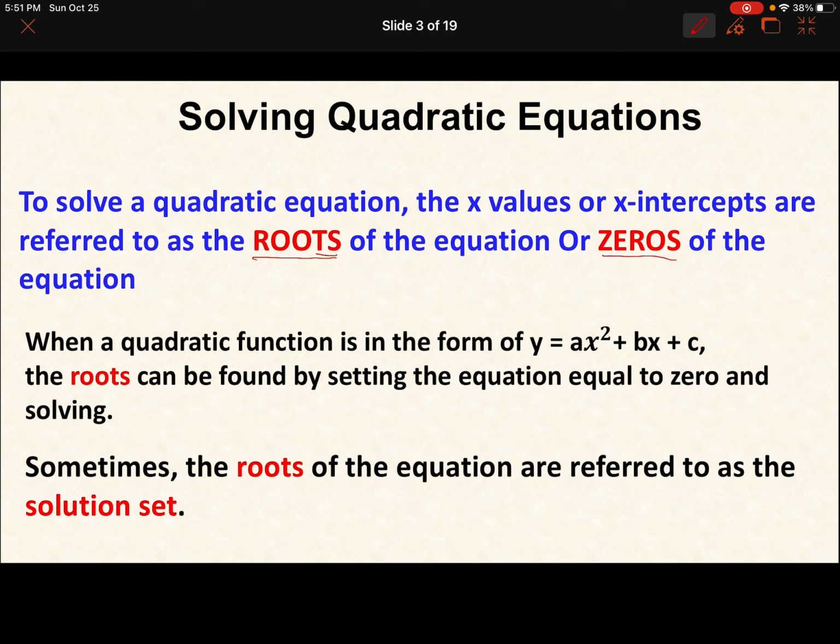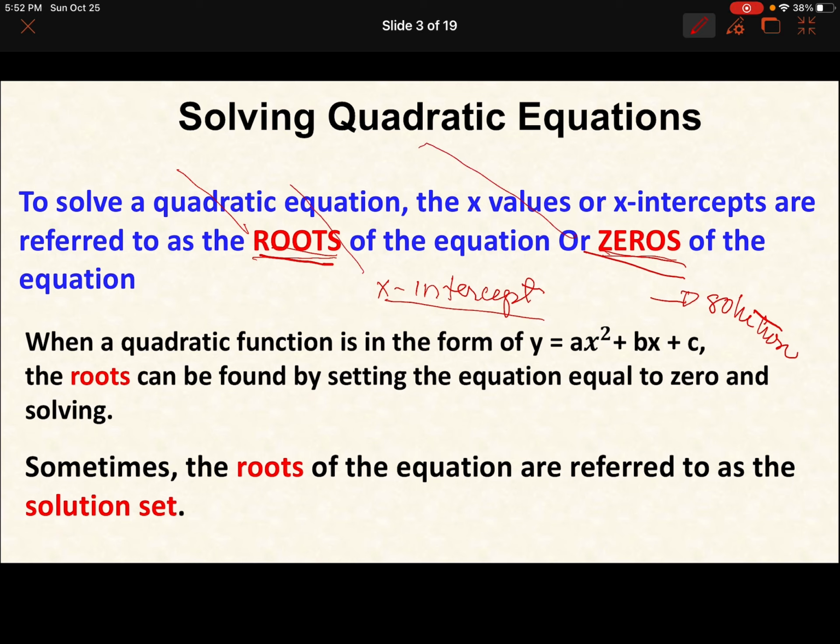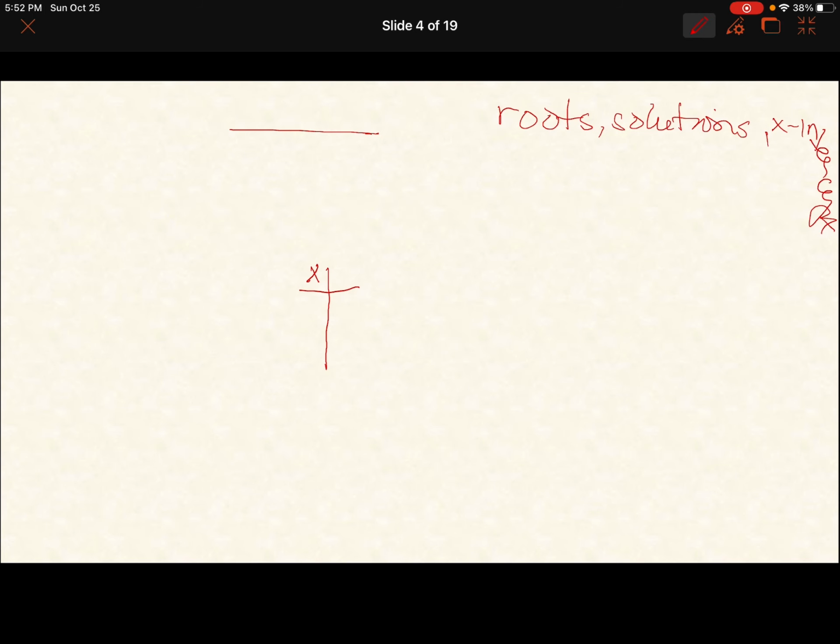And the roots, the zeros, and the x-intercepts when we're talking about the graph are actually the solutions of a quadratic equation. So if you encounter the words find the roots, find the zeros, or the x-intercept, it actually means the solution of the given quadratic equation.